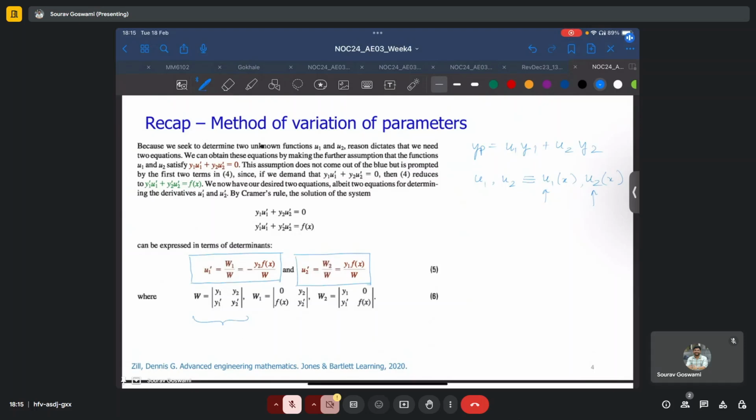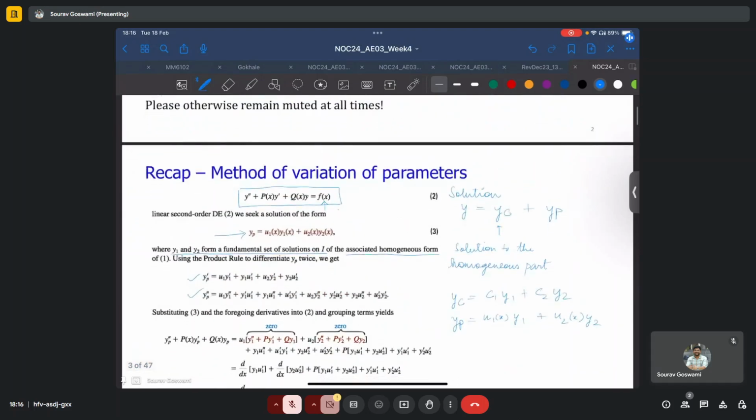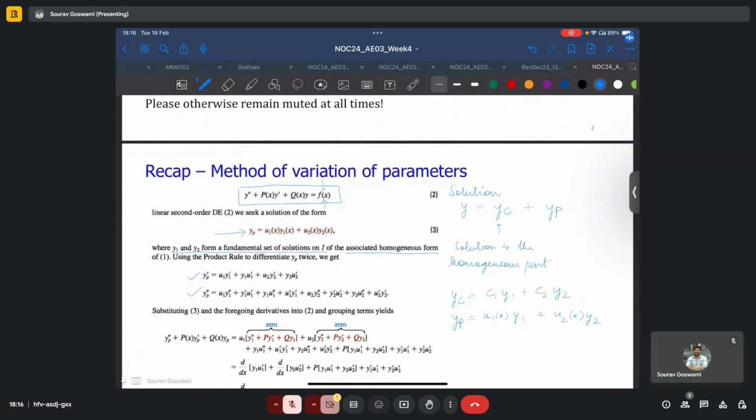So this Wronskian will come out to be y1 y2' minus y1' y2. For the Wronskian W1, we simply replace the first column of the determinant with 0 and f(x), and for the Wronskian W2 we replace the second column with 0 and f(x), f(x) again being the RHS of our original second order differential equation.